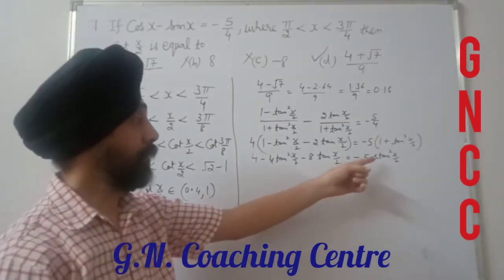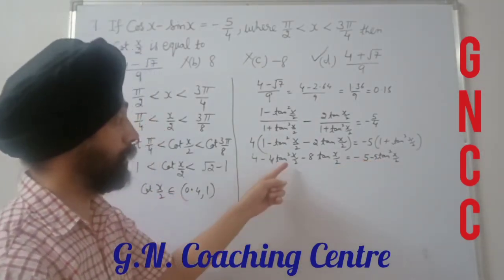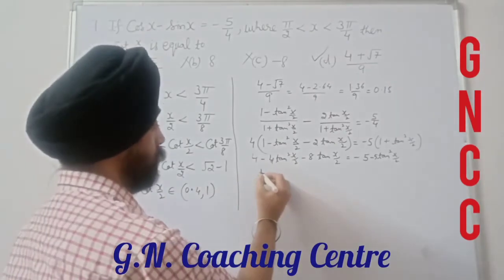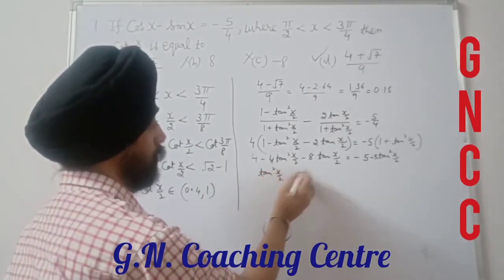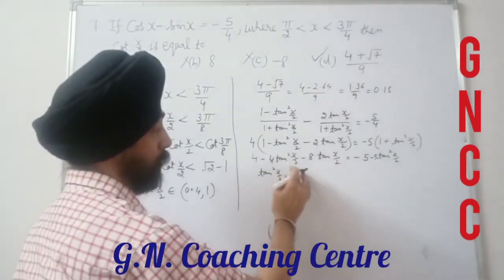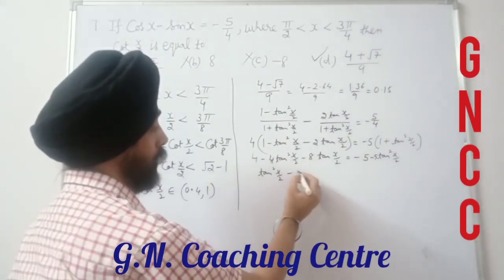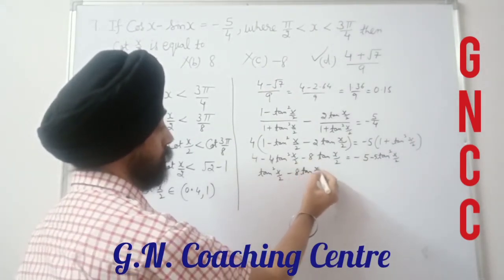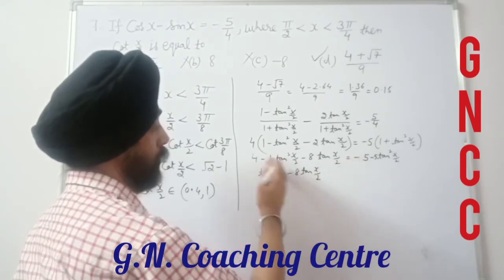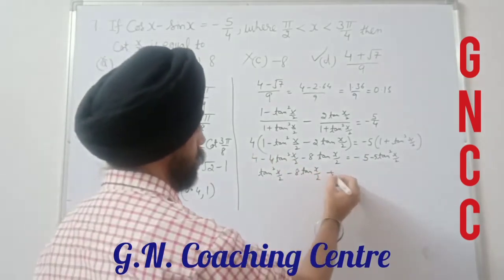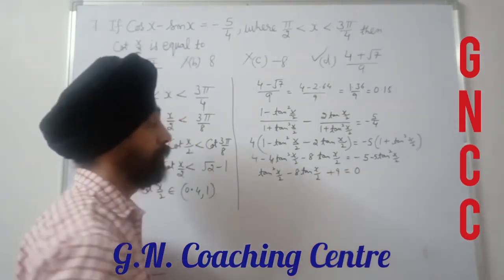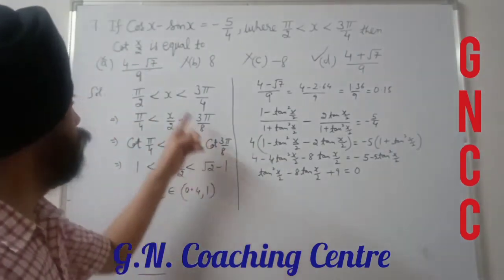So you can take this to the left hand side. It will become tan square x by 2 times 4 minus 4 plus 5, which is 9, minus 8 tan x by 2 as it is, and the 5 on the left side becomes 9, equal to 0.